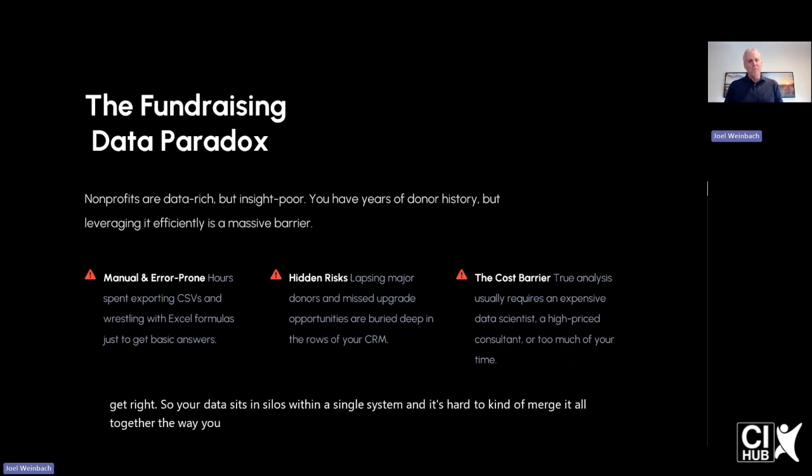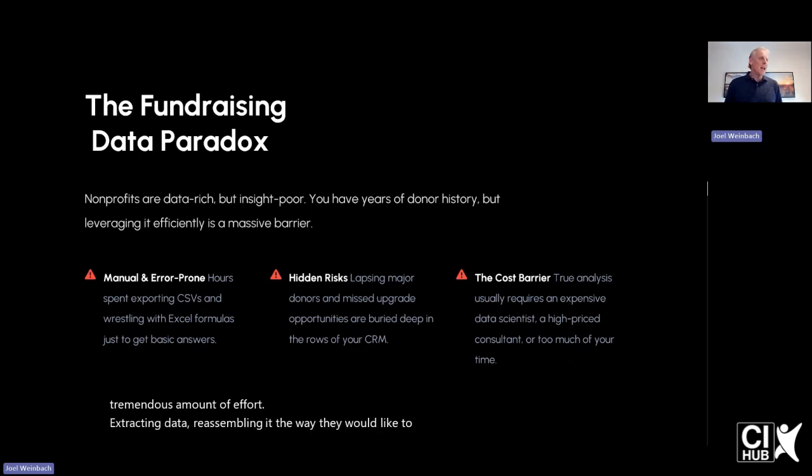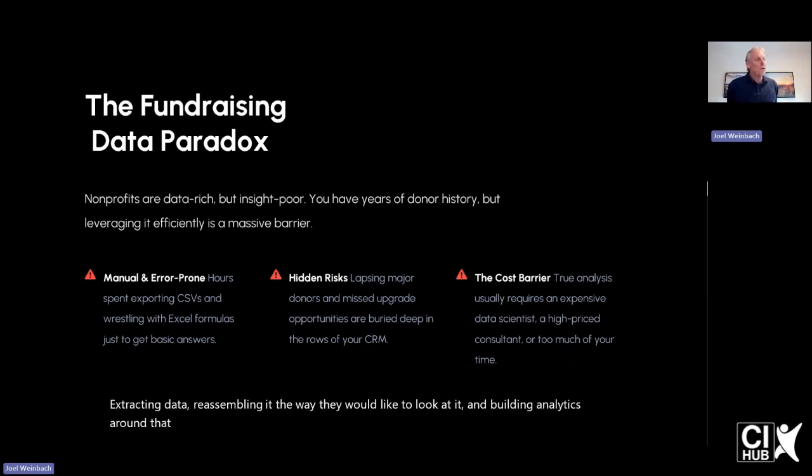So what that means is most organizations have to spend a tremendous amount of effort extracting data, reassembling it the way they would like to look at it, and building analytics around that. That can be error prone, and it takes a lot of time. The risk is that you miss a lot of things when you're doing things manually.